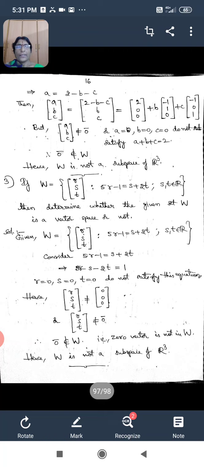If the zero vector is not in W, there is no question of saying that W is a subspace, because the necessary and sufficient conditions of a subspace include the zero vector being in that set. So the existence of the zero vector in this set W is not satisfied, and hence W cannot be a subspace of R3.